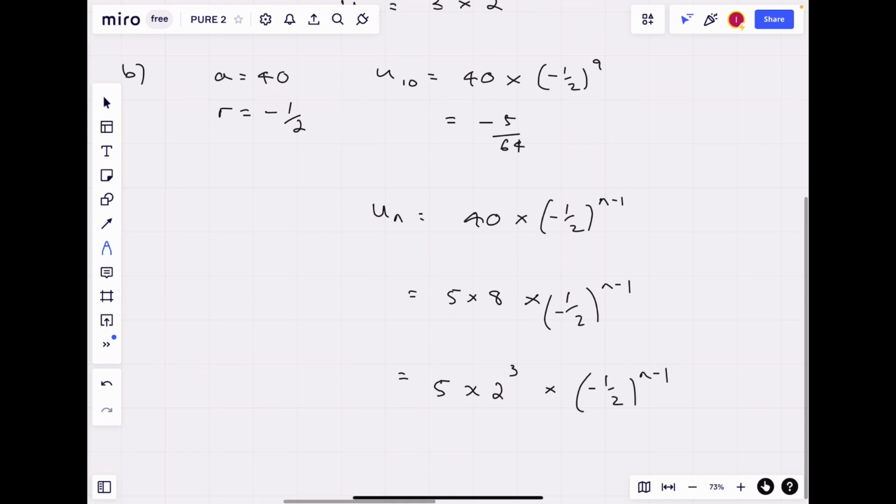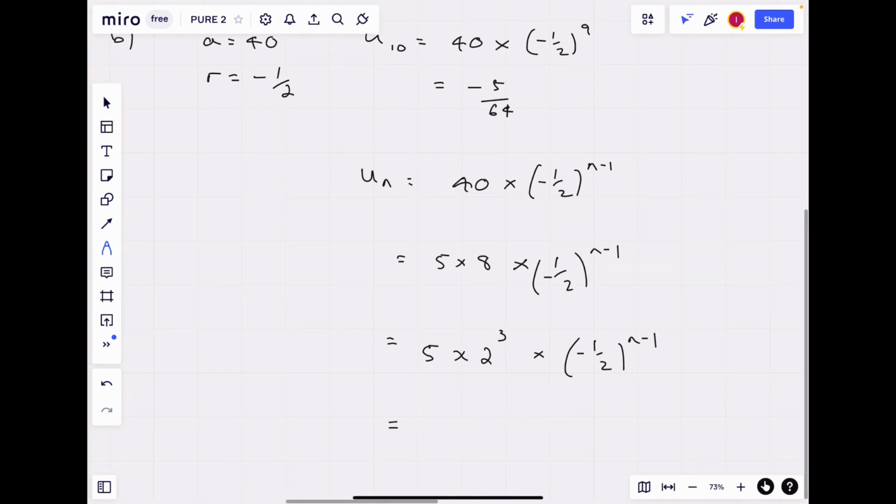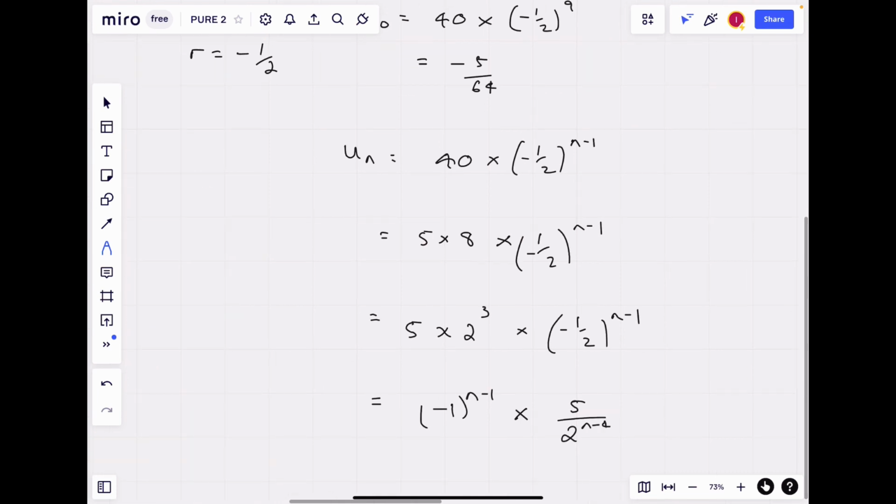Like this. So this now becomes minus 1 to the power of n minus 1 times 5 over 2 to the power of n minus 4. But you don't need to worry too much about that. I think as long as you get this, you should be fine.